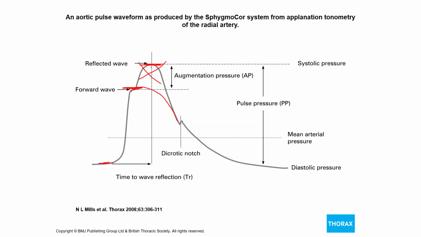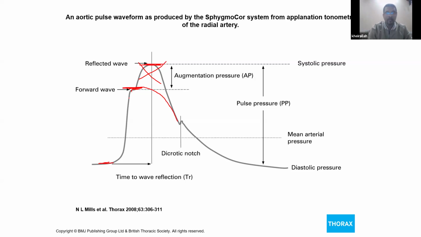Femoral. Exactly. Why? Because as the blood goes and the distance increases, there is more reflected wave, more augmentation of pressure. So as we go distal in the circulation, the blood pressure rises.